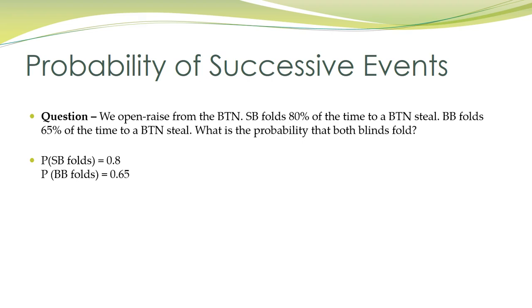Probability of small blind folding 0.8, probability of big blind folding 0.65. We then multiply those together. 0.8 multiplied by 0.65 equals 0.52, or 52%. We've essentially just done the same maths, apart from now it's poker themed, and hopefully you can see an application of this information to a real poker situation.